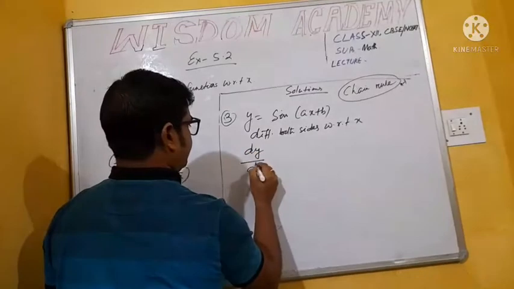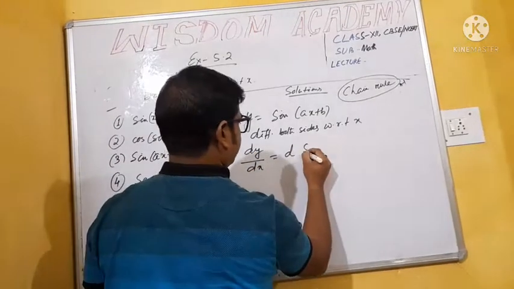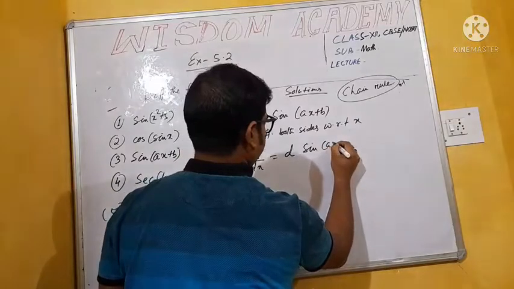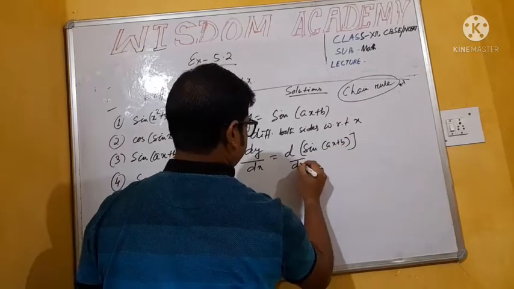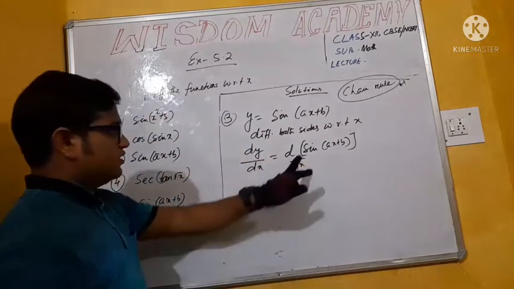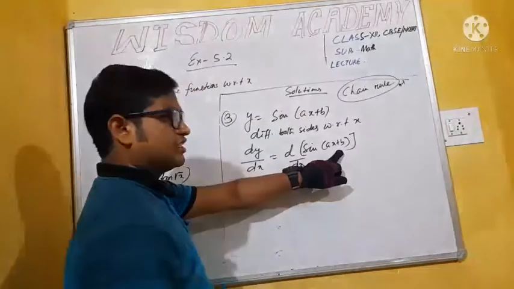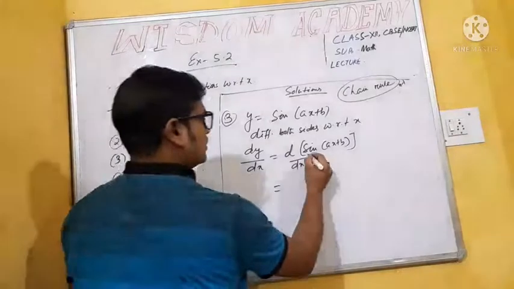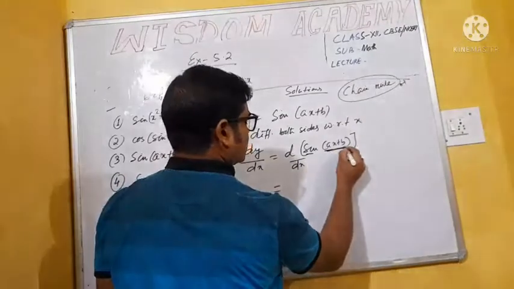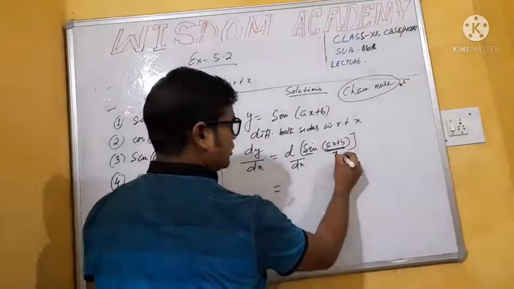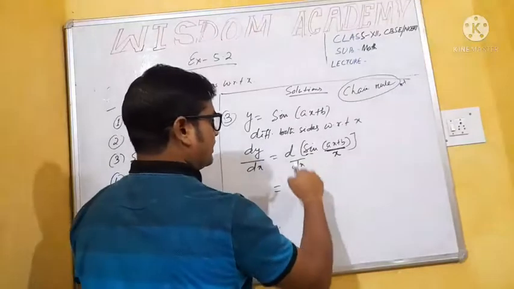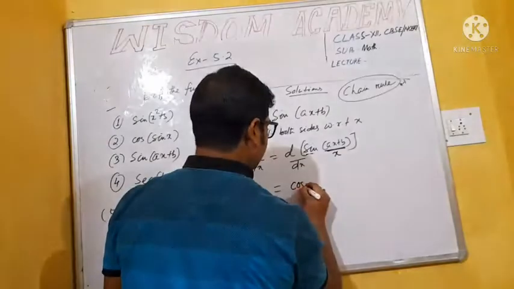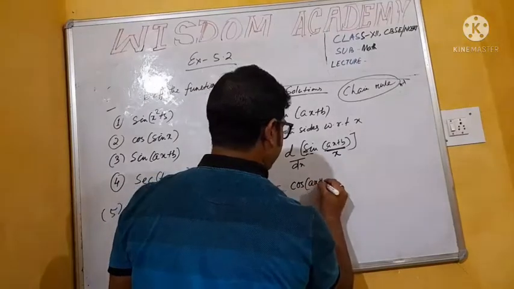So dy upon dx is derivative of sine of ax plus b with respect to x. Student, here is not present x, so according to chain rule, ax plus b can be considered as x. Suppose you consider sine x. What is the derivative of sine x? Cos x, that is cos of ax plus b.